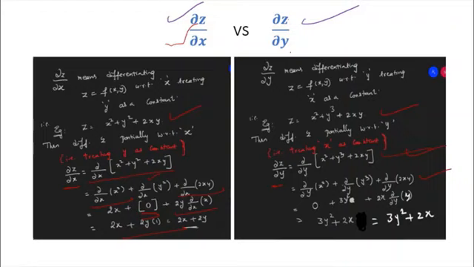Same thing. Dou by dou y of x square is 0, and dou by dou y of y cube, y cube with respect to y you are differentiating, so 3y square. And dou by dou y of 2xy is 2x, you will bring it out, and dou by dou y of y is equal to 1. So you have here 3y square plus 2x.